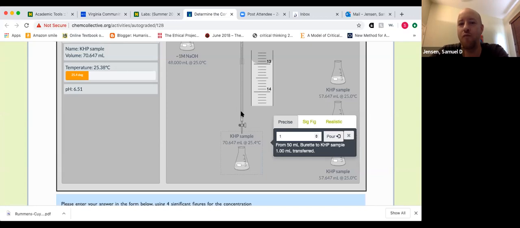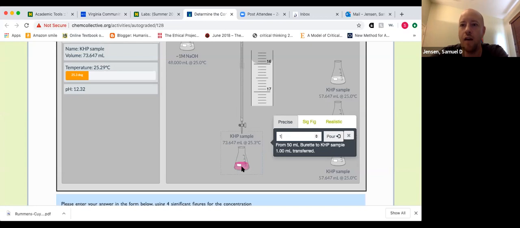Stop before you hit past 50 milliliters, because if you drain it past the 50 milliliter mark, you basically have to start all over again. If you stop before the 50 milliliter mark, you could refill it and then keep going. But we don't know where our titration is going to end, so we're just, oh, there we went.